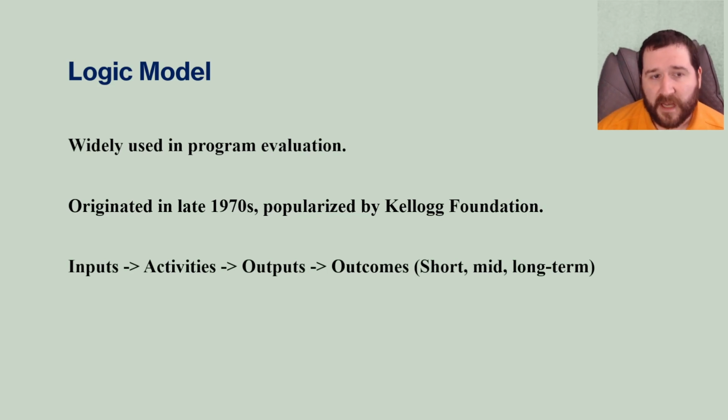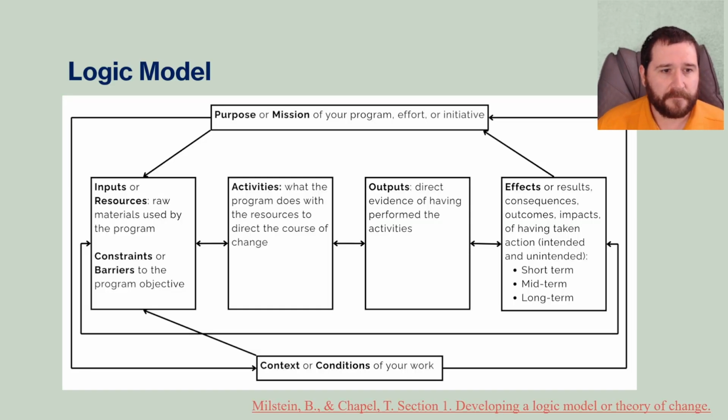Now, the logic of the logic model shows that we start with inputs. Inputs lead to activities, which lead to outputs, and eventually lead to outcomes. So those are the steps of a logic model. There are a couple different options on formatting, and if you search logic model, you might see a couple different ways that they're put together, but here is one I found that was quite good from Milstein and Chappell.